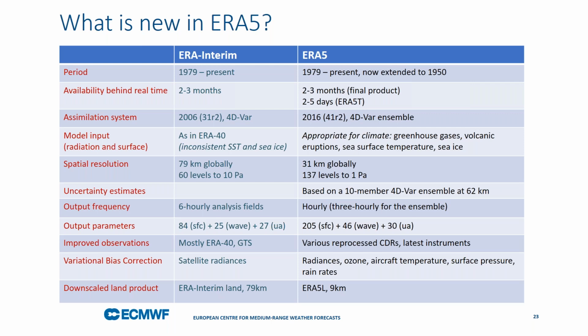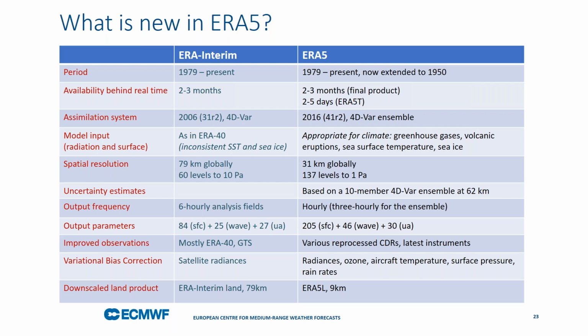The assimilation system, of course, is 10 years newer, so there are lots and lots of different benefits of that. The model input has been greatly improved. The input observations, which I'll talk about in a minute, are really revisited almost comprehensively, and that I think is a major change over ERA interim, which was basically a very small scale project that happened to be very successful, but it just used the same things basically that were used for ERA 40.